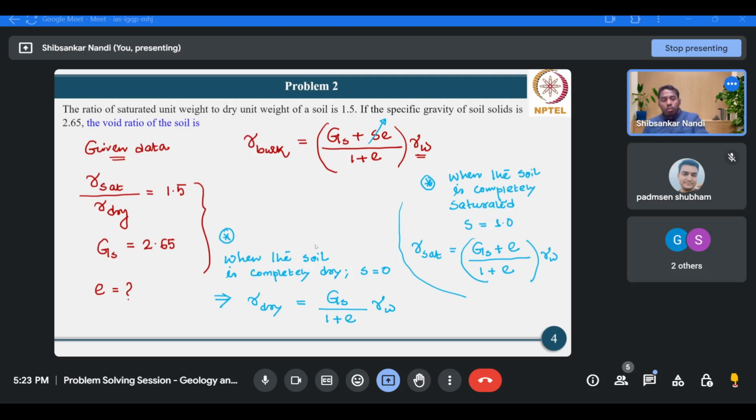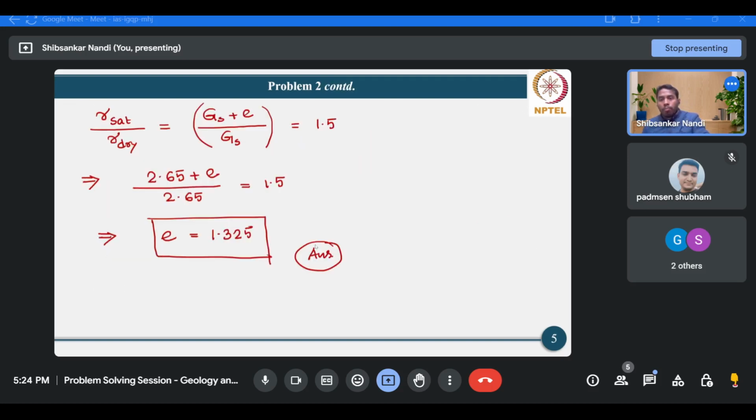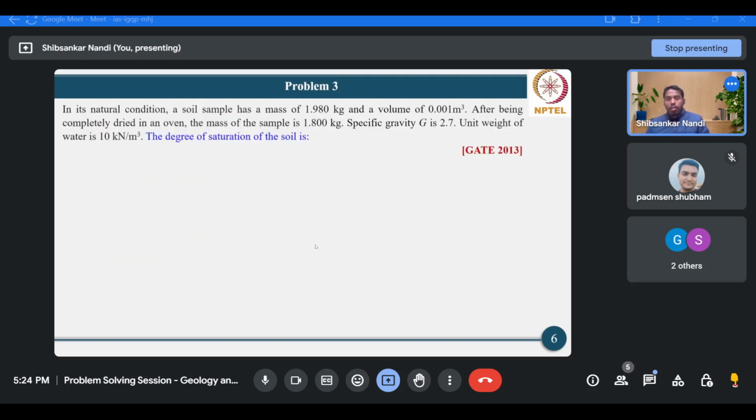Now we'll take our third problem. This is again taken from the GATE examination 2013. In this problem, it's mentioned that in its natural condition, a soil sample has a mass of 1.980 kg and a volume of 0.001 meter cube.